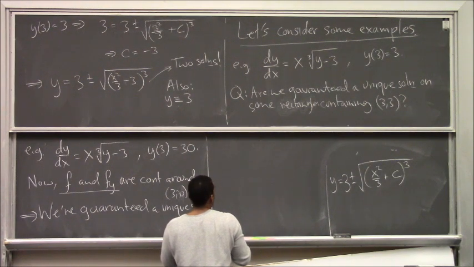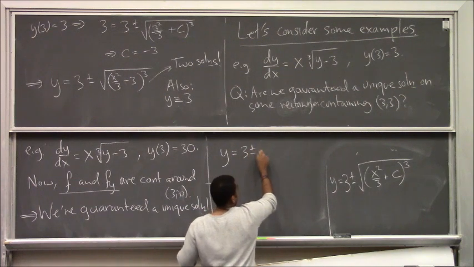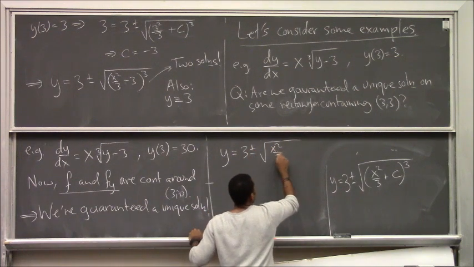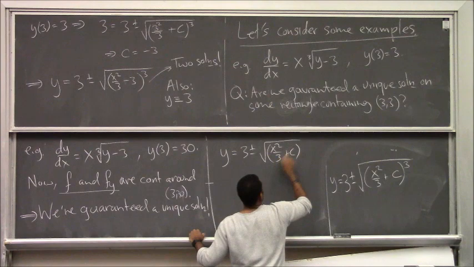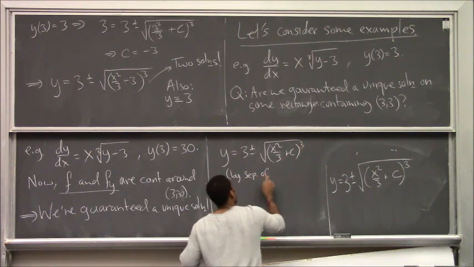So we do the separation of variables thing. What are we going to have happen now? We're going to have y equals 3 plus or minus the square root of x squared over 3 plus c cubed. By separation of variables, I'm not going to repeat the steps.